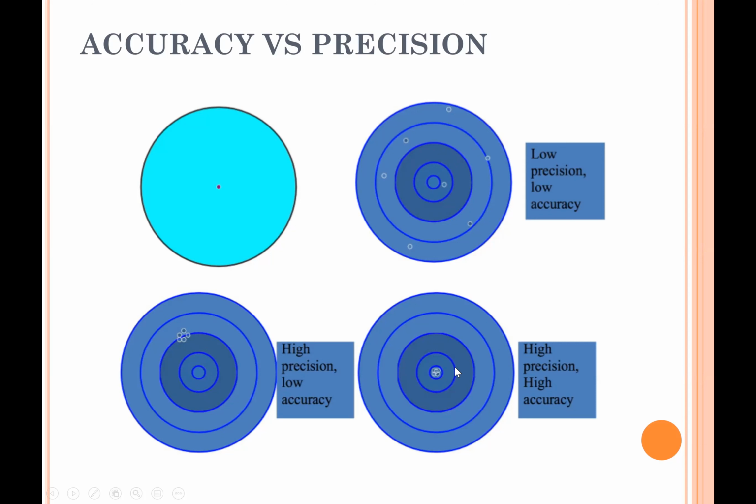And the third figure that you see, you get repeated values same and at the same time very, very close or almost on to the true value. So this indicates high precision and high accuracy. Iska matlab, the value is very accurate, accurate meaning to say very close to the true value, and at the same time, if you repeat the same measurement 10 times, 20 times, or 50 times, it will give you the same reading every time you measure. So this is high precision and high accuracy.